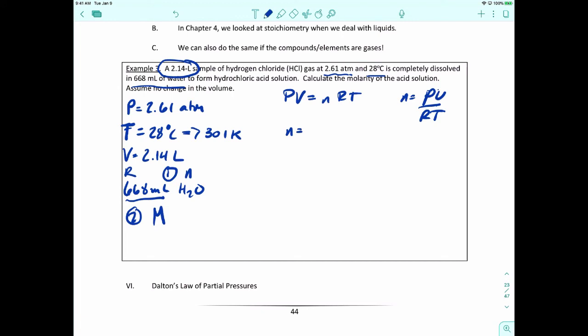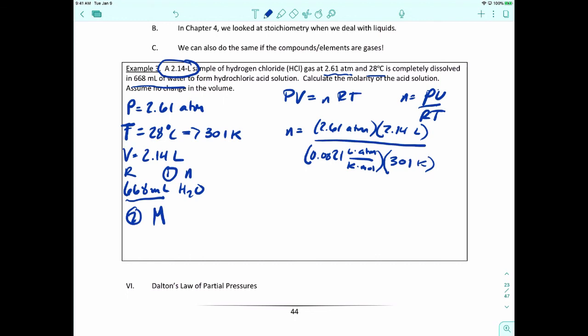The pressure is going to be 2.61 atmospheres, V is going to be 2.14 liters, divided by R, 0.0821 liter atmosphere over K mole, and then T is going to be 301 K. Canceling out the units, we're going to be left with moles.